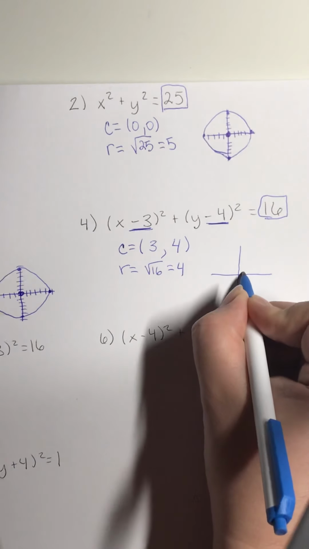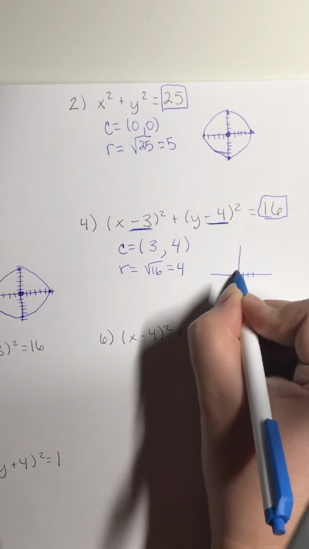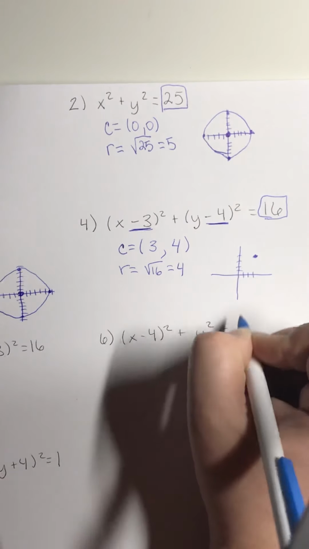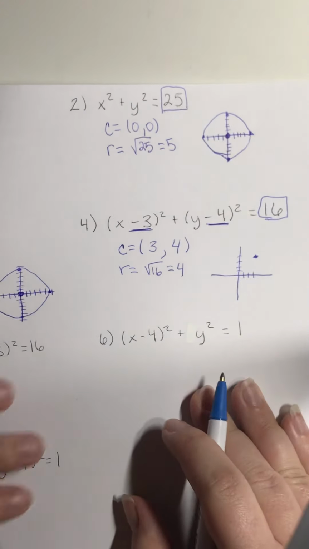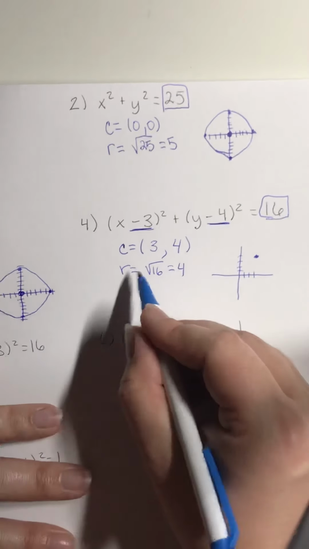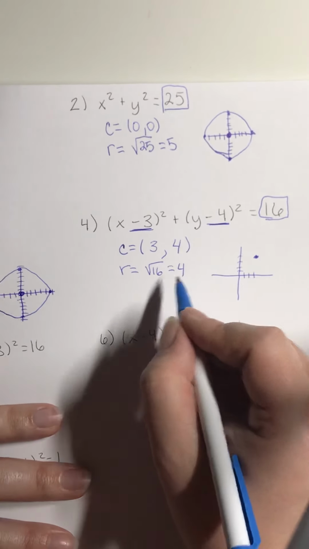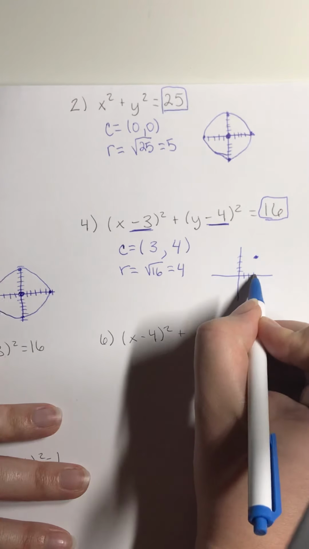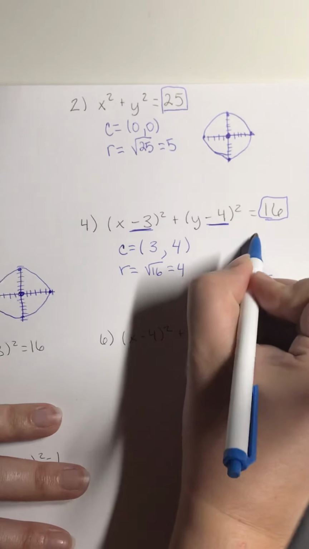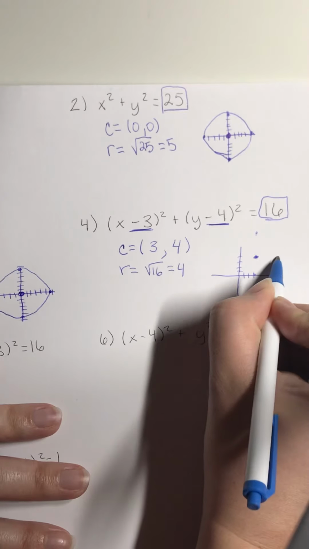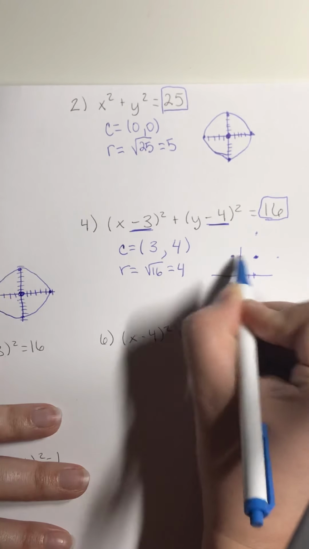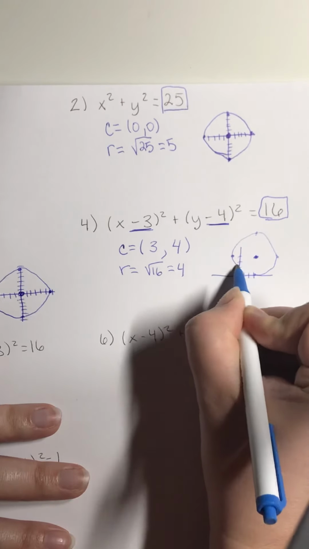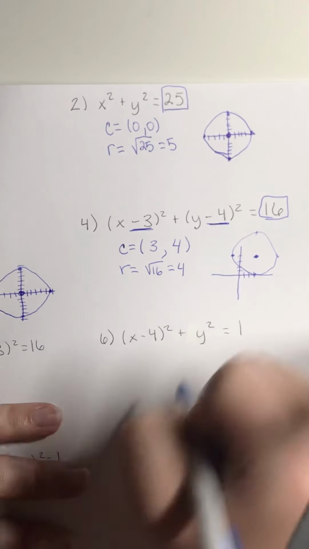So we need to draw the point 1, 2, 3, 1, 2, 3, 4. That's where our center is. Then from our center, we go out the number of the radius. So if our center is here, we need to go 4 down, 4 up, 4 to the right, and 4 to the left. And draw our circle around the center.